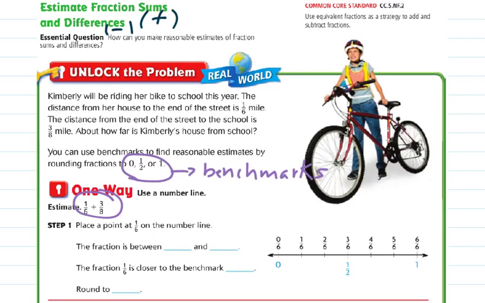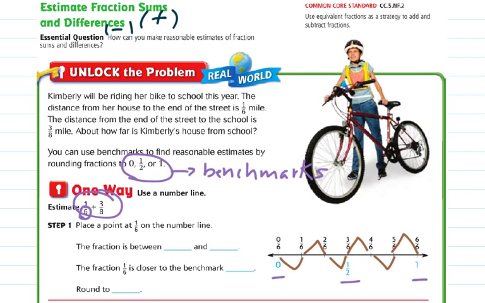For step 1, we are going to place 1/6 on the number line. We use our benchmark numbers of 0, a half, and 1 to make a number line. If our fraction has a denominator of 6, boys and girls, that means we're going to have 6 pieces: 1, 2, 3, 4, 5, 6.